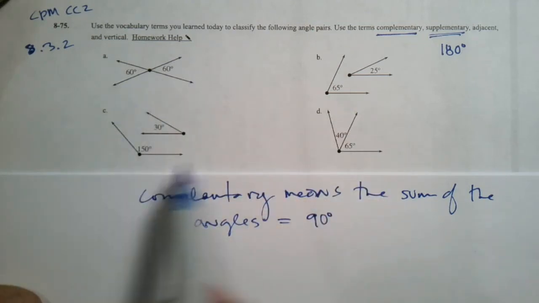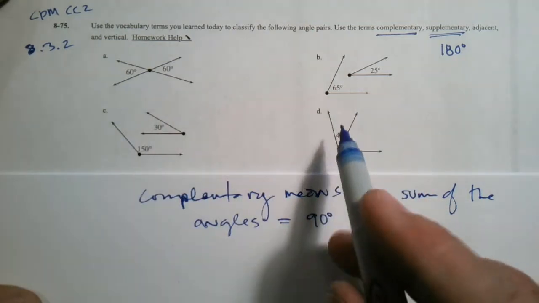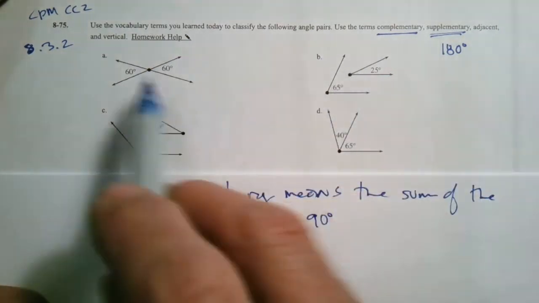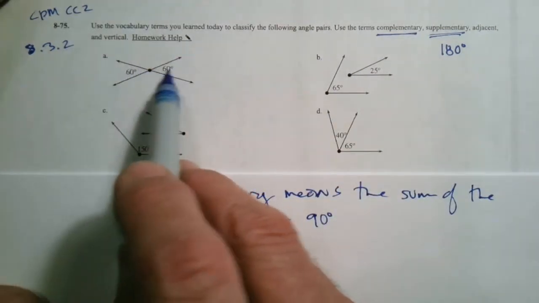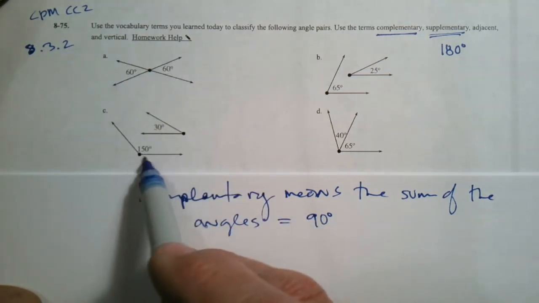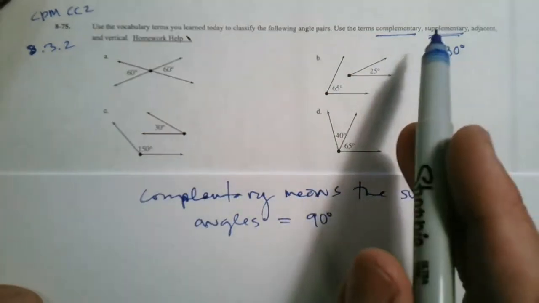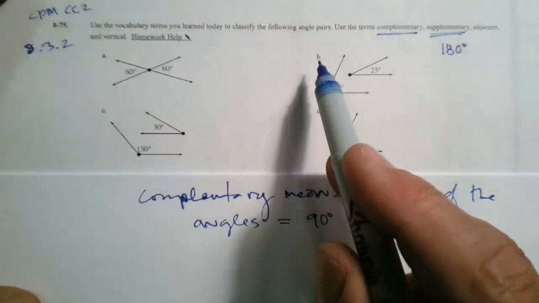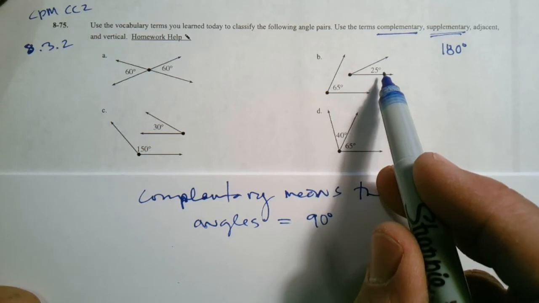Do we have any of them that add to be 90 degrees? If I look here, those two add to be 120, so that's not going to be it. Those two add to be 180. 150 and 30 is 180, so actually that's going to be the supplementary. We'll come back there. B, 65 and 25.